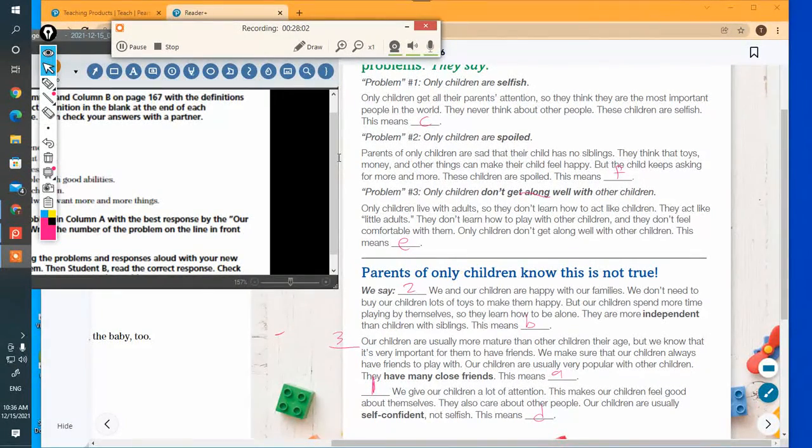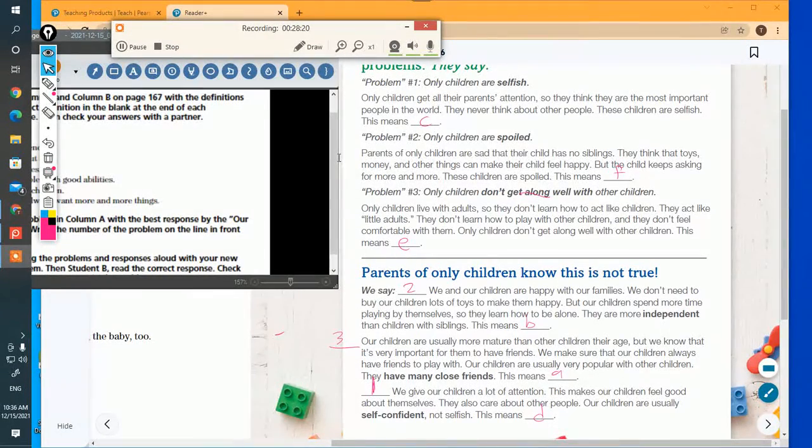When people say only children don't get along well with other children, so they fight and they disagree and they don't play well with other children. Well, the best response to that is here.